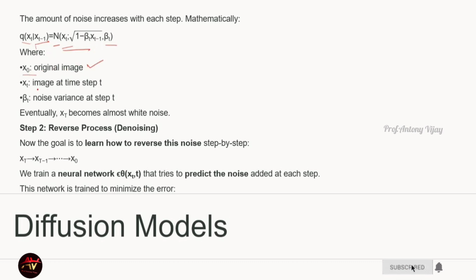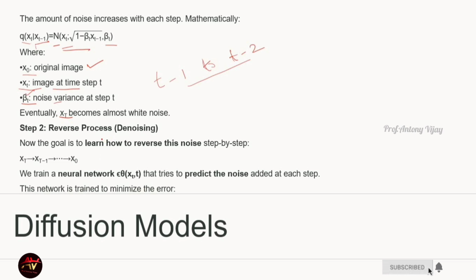After each and every step, small noise is added, and beta t is the noise variance, showing how the variance changes from t minus 1 to t, and from t minus 1 to t minus 2. So there is a difference. That gradual variance we can find with the help of beta t. This is what is happening in this process until xt, t steps.